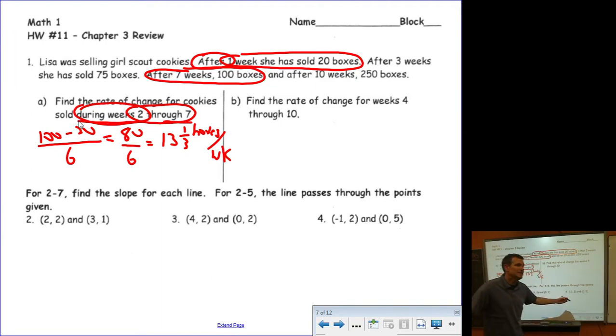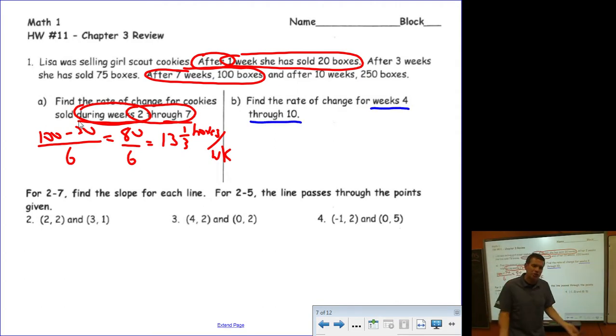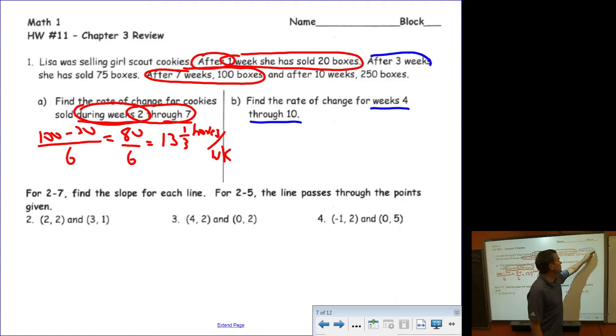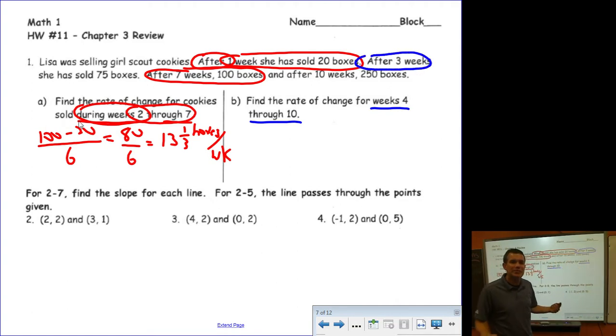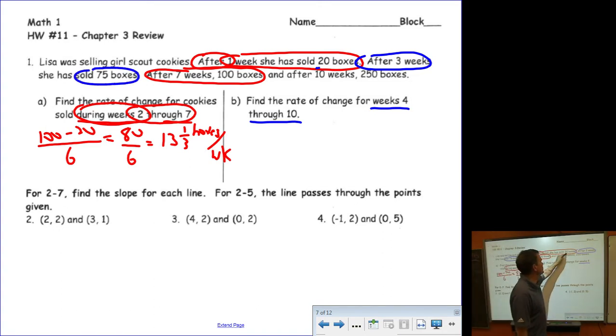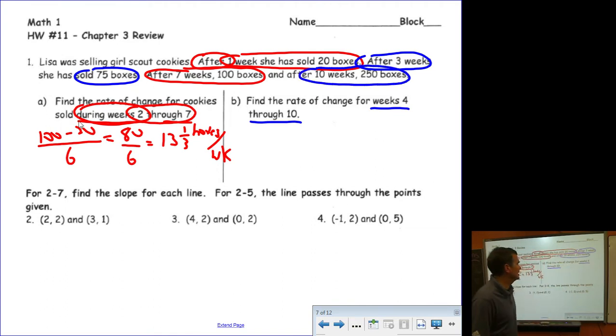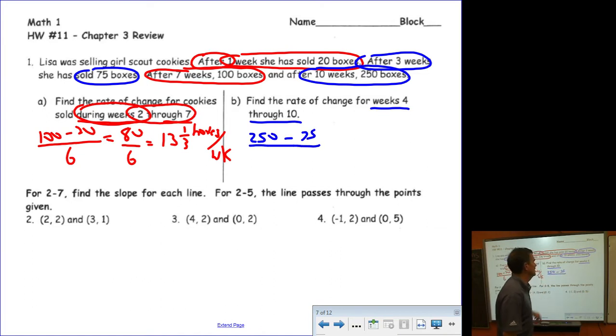Part B, similar. We want weeks 4 through 10. So if you're going to include week 4 as part of your sales, then you want to start after week 3. And after week 3, she had sold 75 boxes. After week 10, 250 boxes. So that is 250 minus 75.